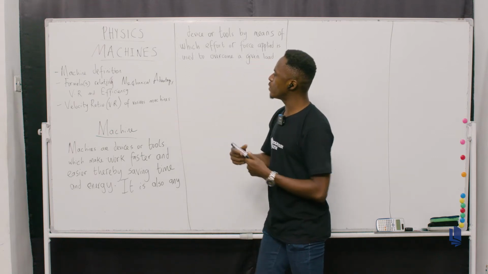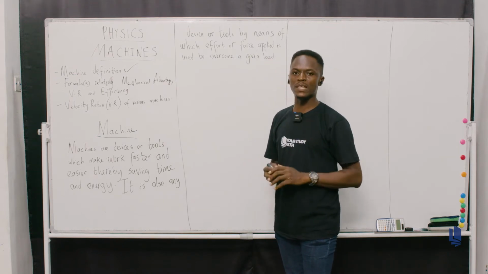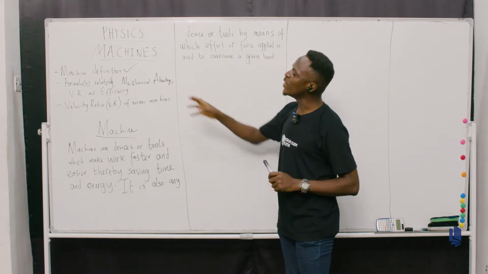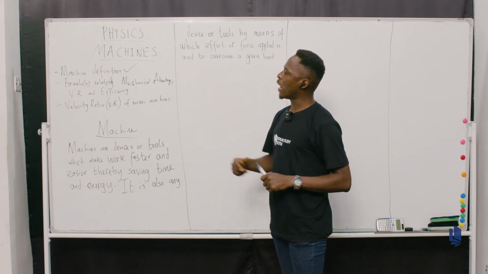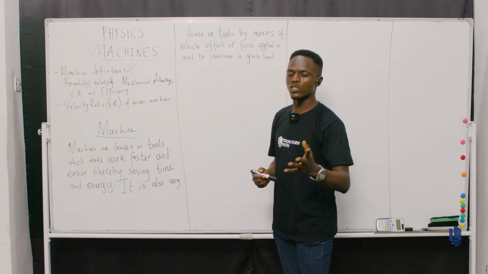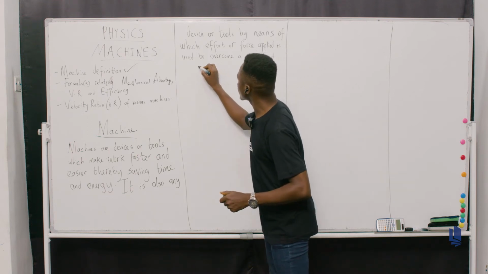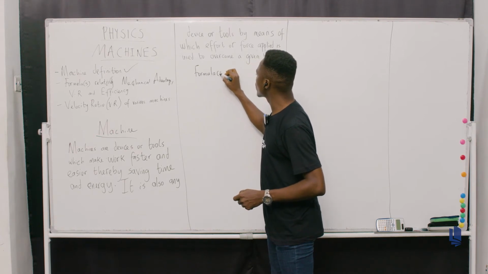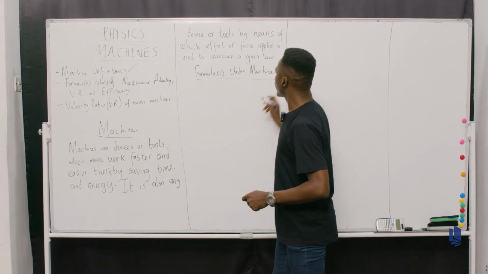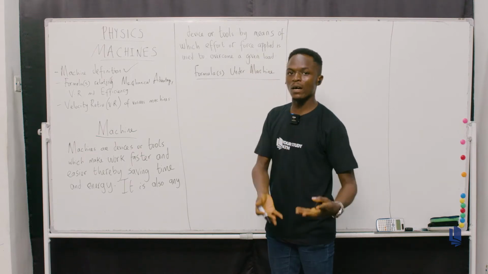Now, having taken out the definition of machines, to the business of the day, the main domain, we talk about what? The formulas relating mechanical advantage to velocity ratio as well as efficiency. What are they? Formulas on the machine. The first is your mechanical advantage.